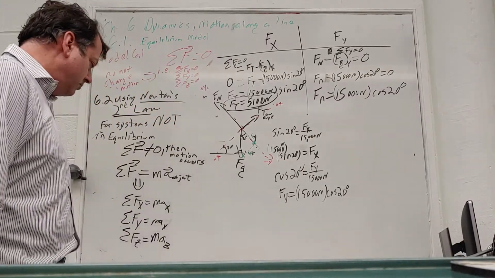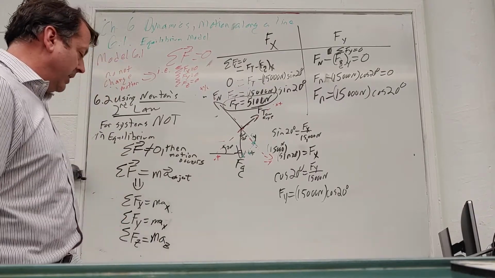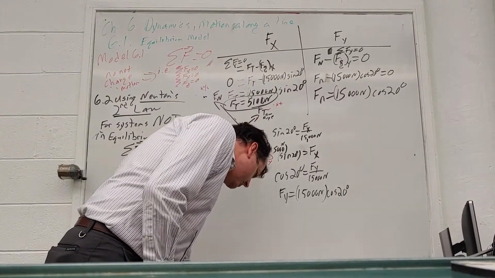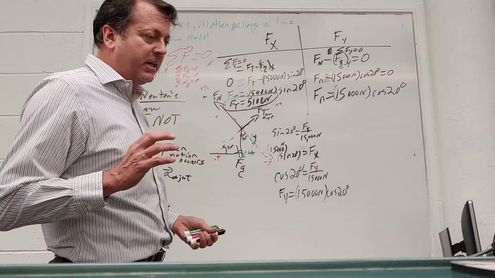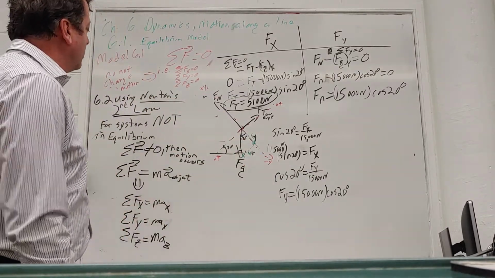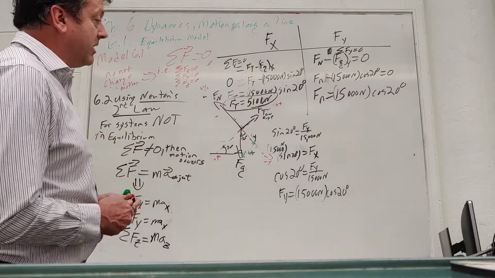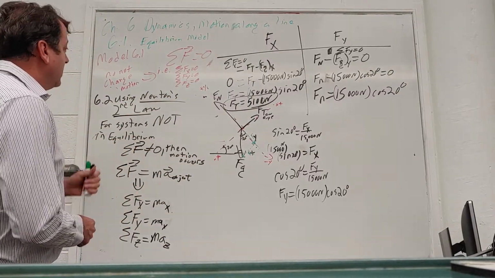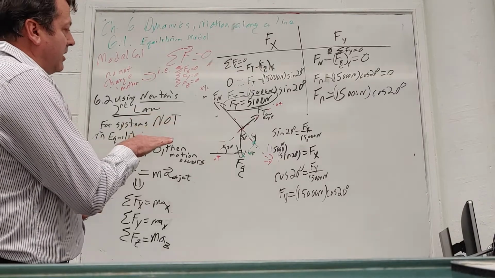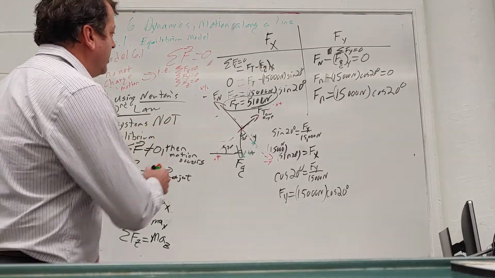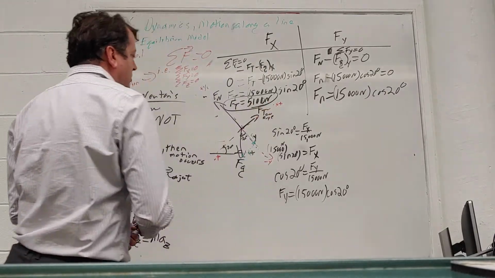Now, that's this situation. They do an example in your book: speed of a towed car. They have a car that's being towed. You can take this problem we just did and do it the same way. Now it's at a constant velocity. We know the tension in the rope is 5,100 newtons.